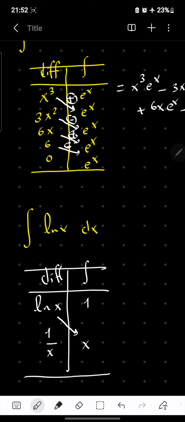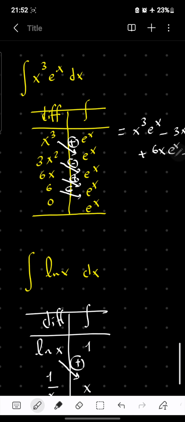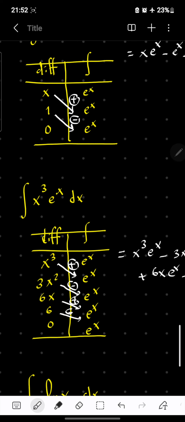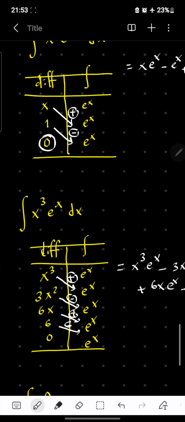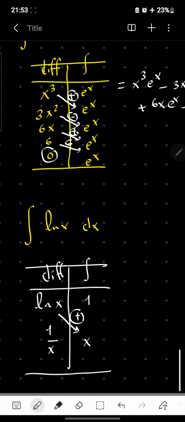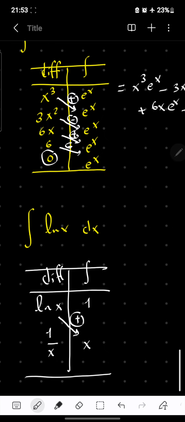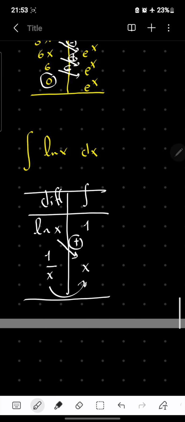So this times this by plus, and we don't have an end of this table with 0. Every table here ends with 0, so the integration ends with the table, but we don't have this end. So we will do another technique. Focus. We will multiply this one by this one, but with negative integral.